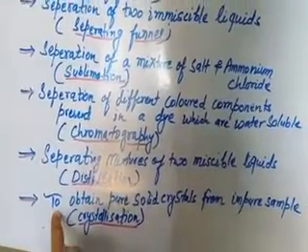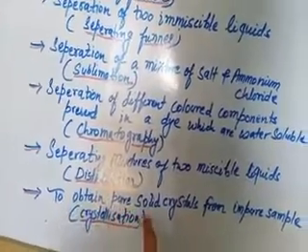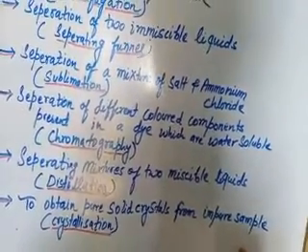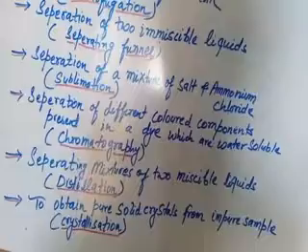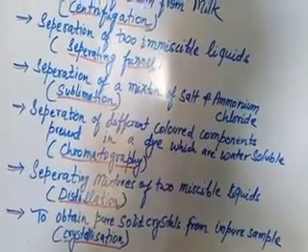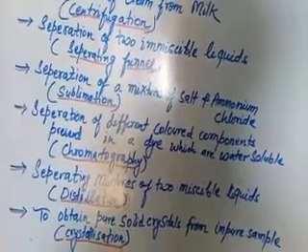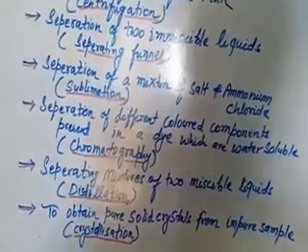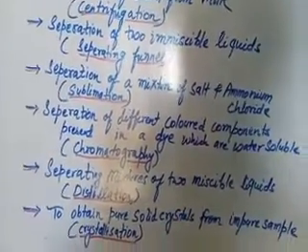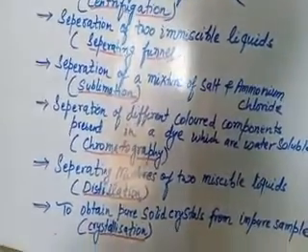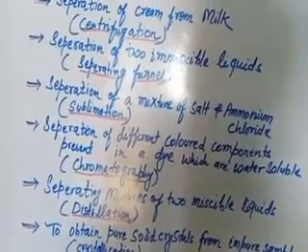Now the last separation is to obtain pure solid crystals from an impure sample. So if you have got a solid sample which is not 99.9% pure, you have to get the pure solid in the form of crystals. So how can you get that?